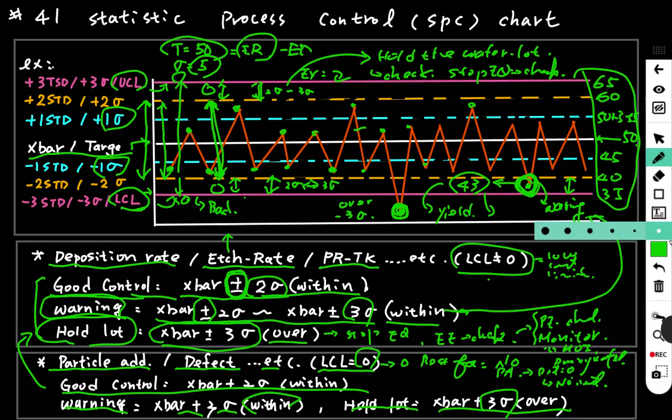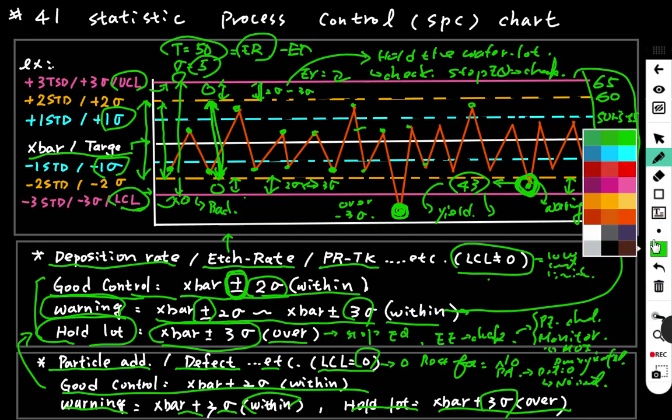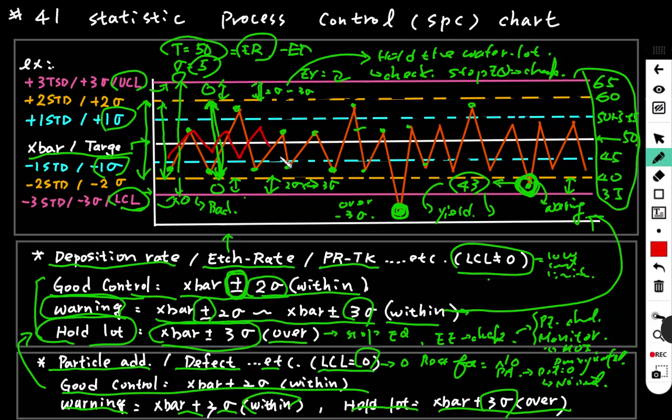I can say that if your chart is like this, all inside positive and negative 1 sigma is very good.